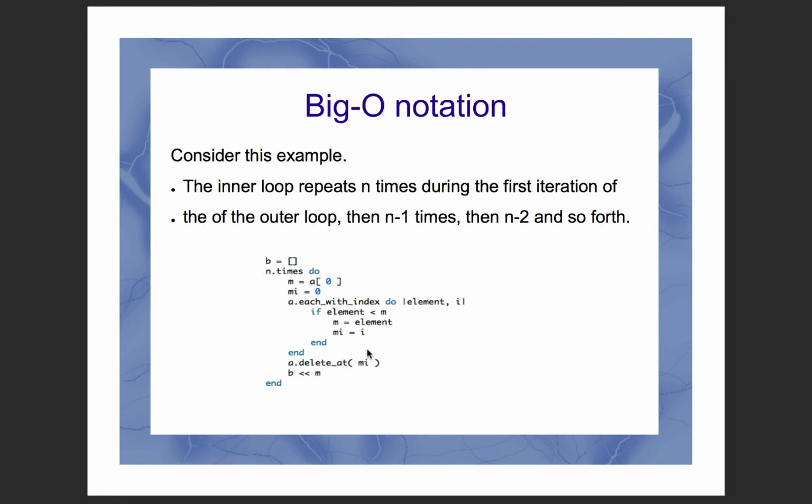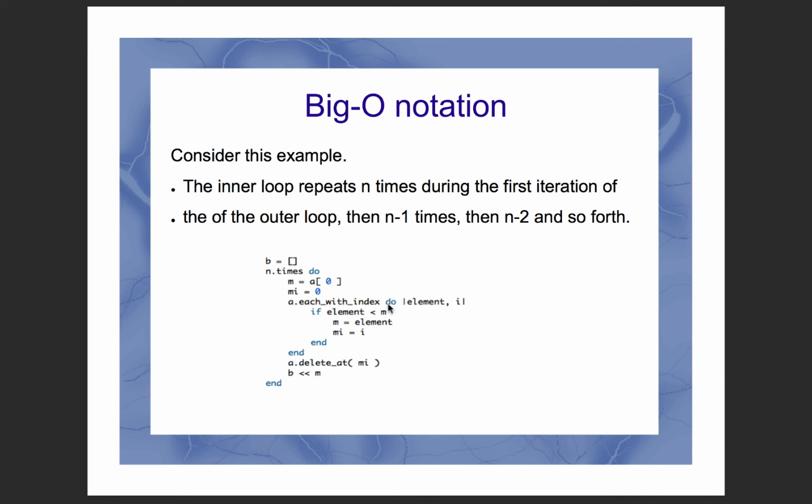The problem is that every time this loop removes some element, the outer loop, before running a second time, removes one element.